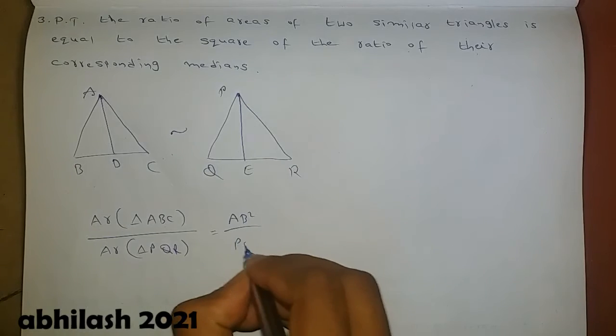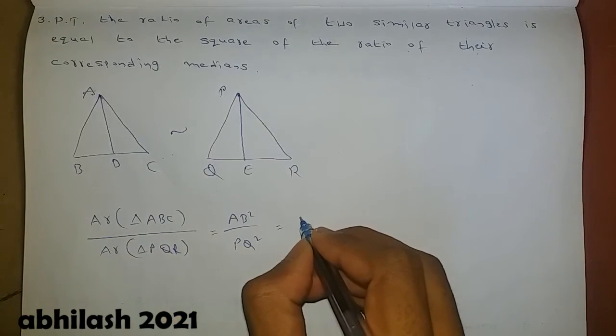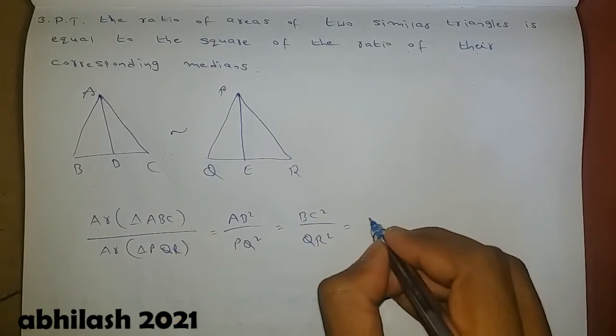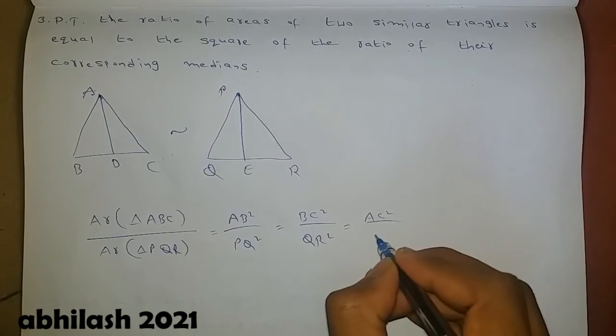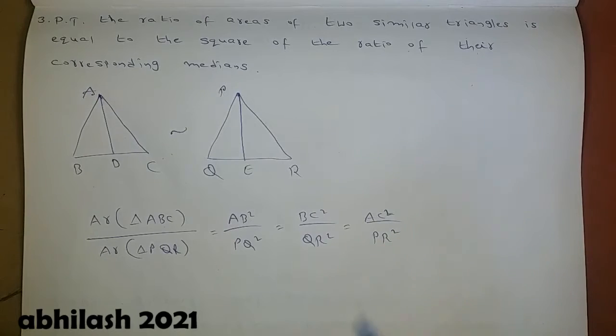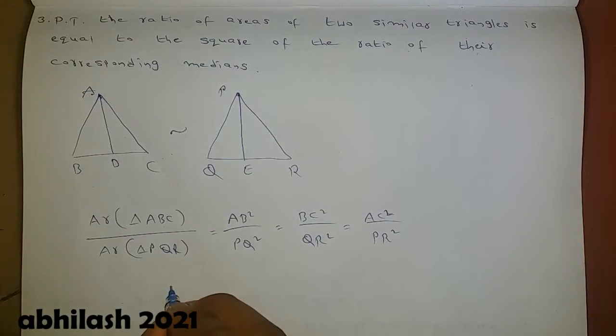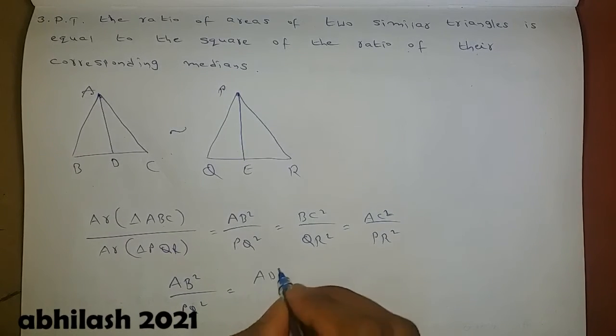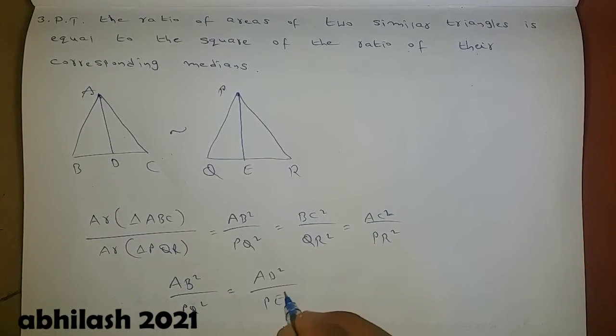AB square by PQ square is equals to BC square by QR square, which is equals to AC square by PR square. But already we know that AB square by PQ square is equals to squares of the medians, that is AD square by PE square.